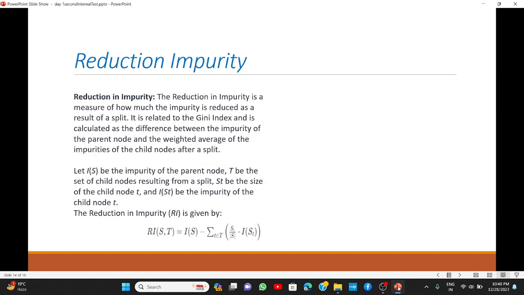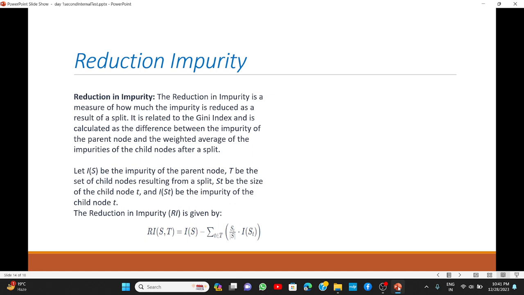Now, reduction in impurity. Reduction in impurity is a measure of how much the impurity is reduced as a result of a split. It is related to the Gini index and is calculated as the difference between the impurity of the parent node and the weighted average of the impurities of the child nodes after the split. Let I(S) be the impurity of the parent node and T be the set of child nodes resulting from a split.